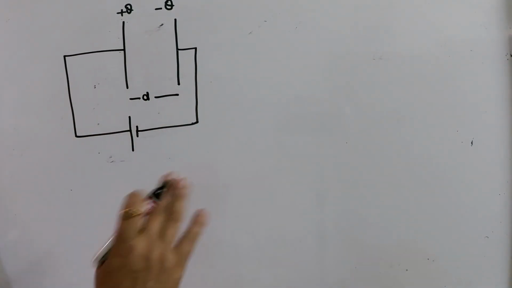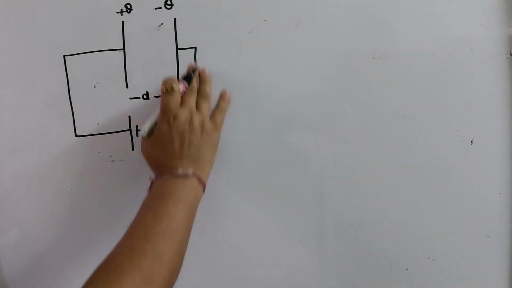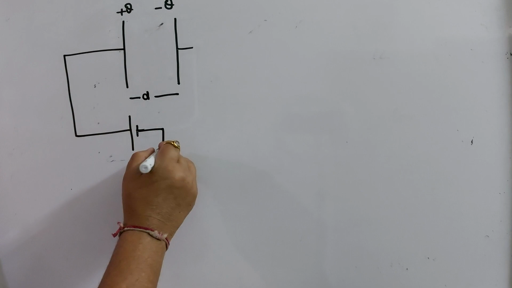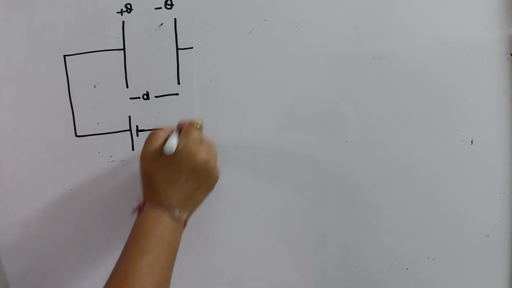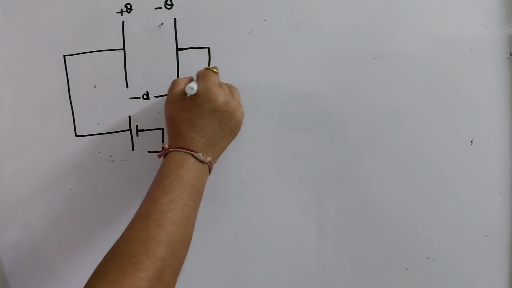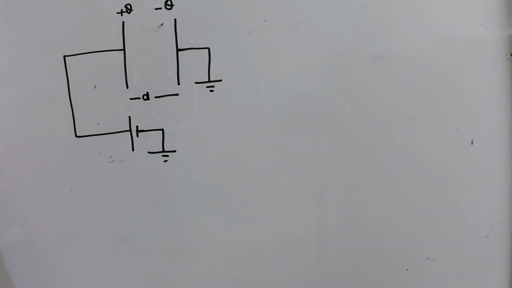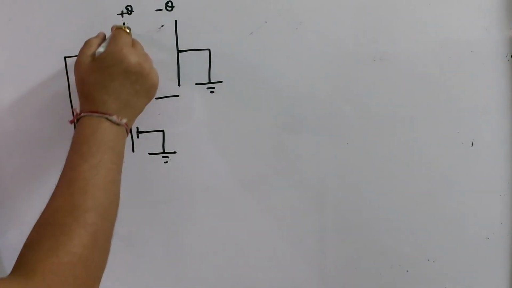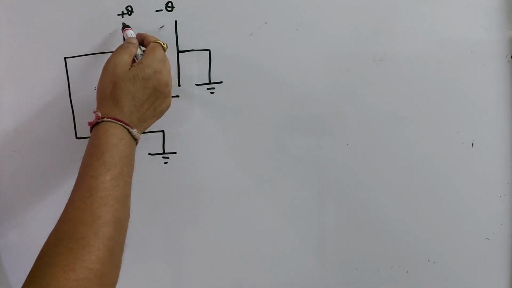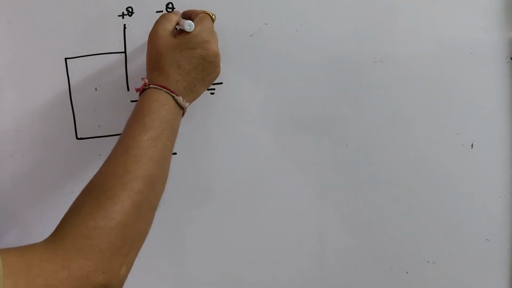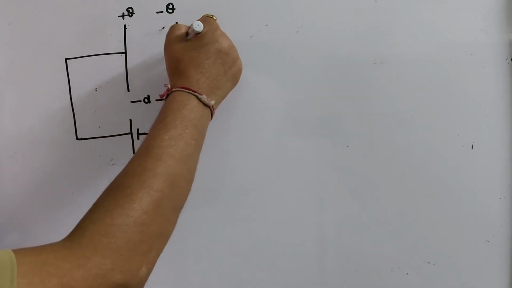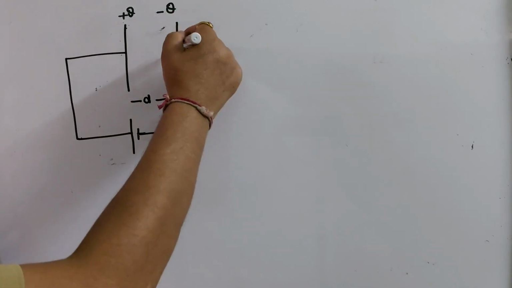Now this can be done in another way also, meaning we can connect this to earth, and similarly this is also connected to earth. Now this positive terminal will supply positive charge to this, and because of this positive charge, minus q charge will appear on this side and the plus q of this will go to earth, as this is free charge.